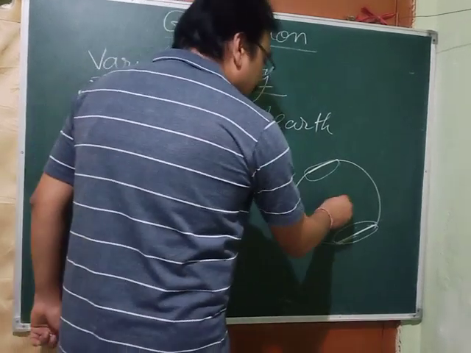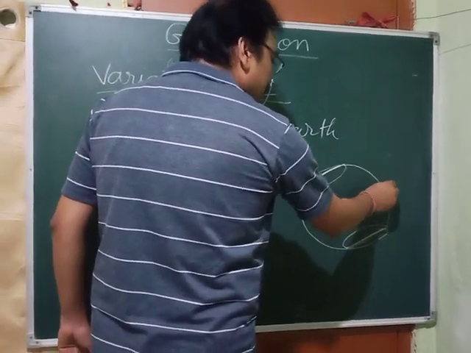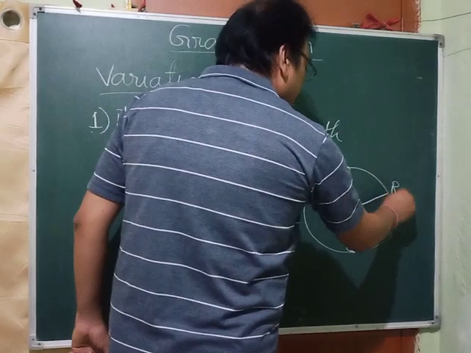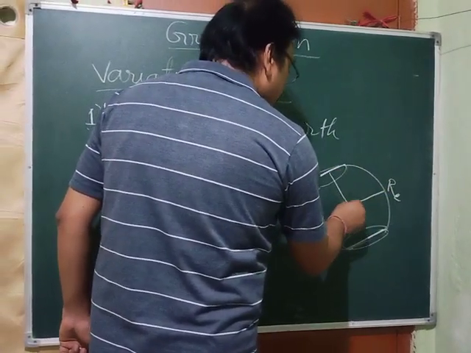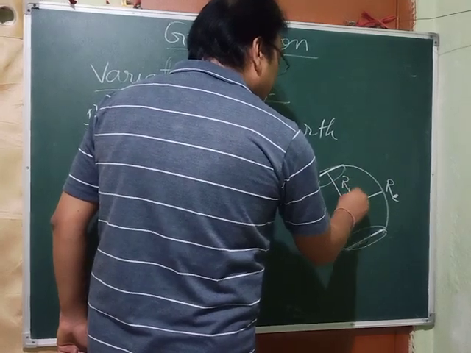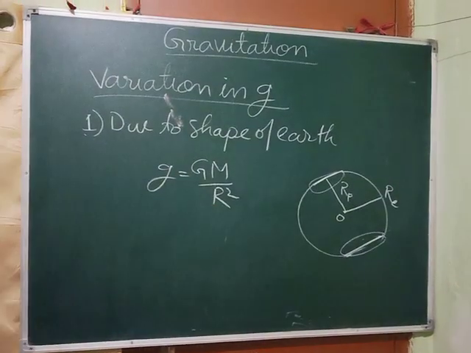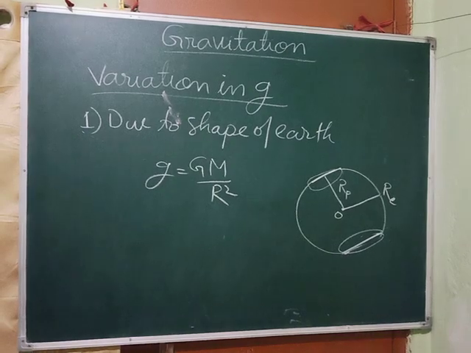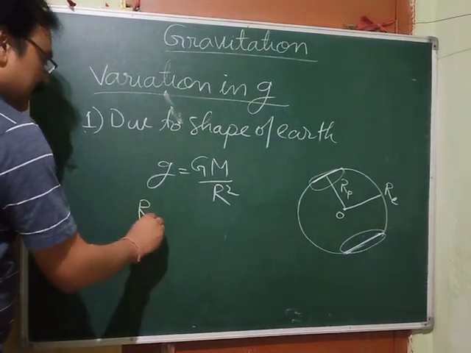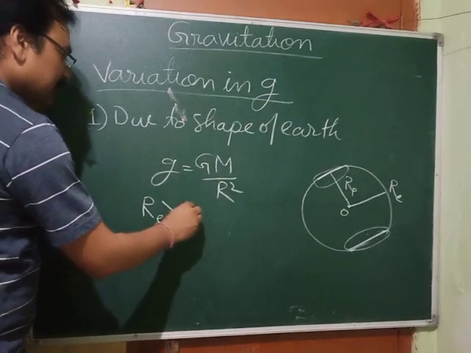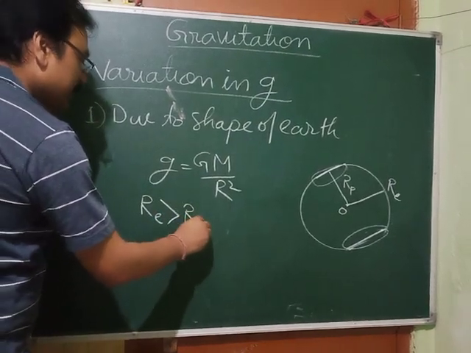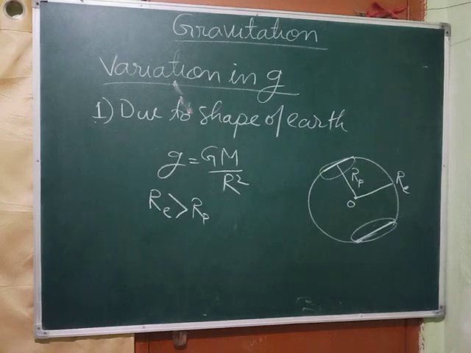Now tell me, this is the radius of the earth at the equator, that is RE, and this is the radius of the earth at the pole, that is RP. Which radius is less and which is larger? You can see RE, the radius at the equator, is greater than RP.